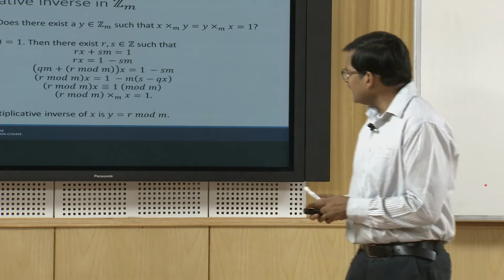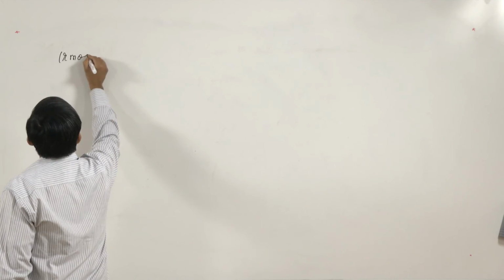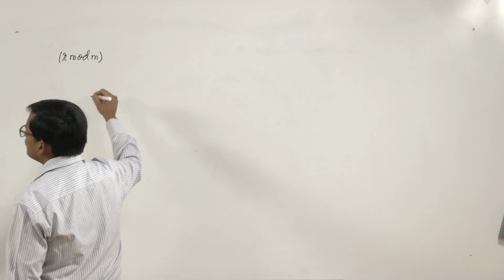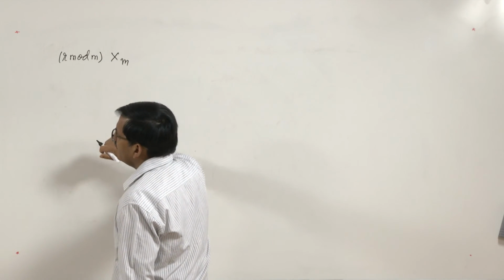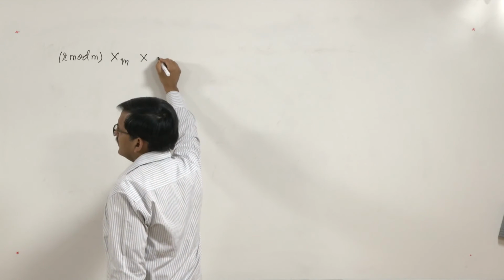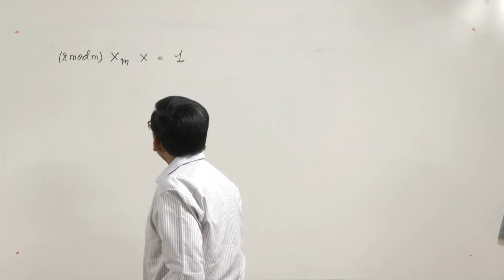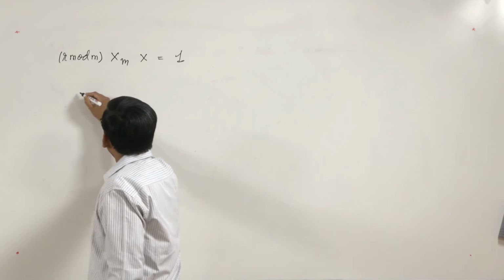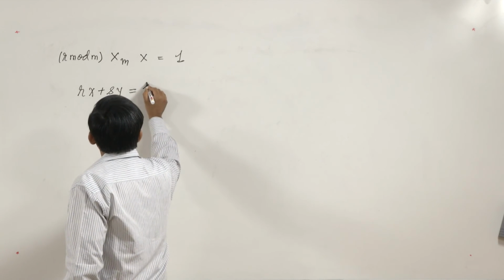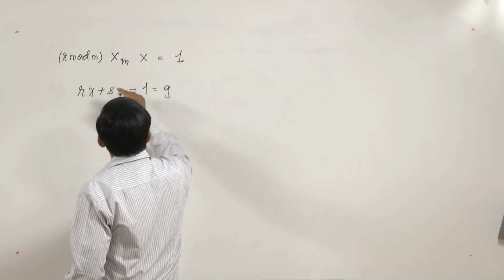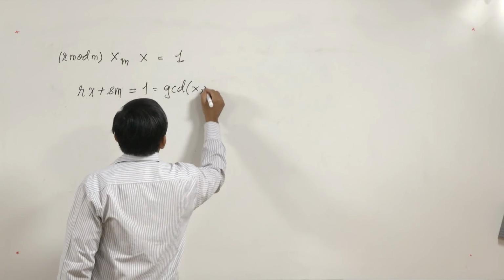So, I can say here that R mod m modular multiplication modulo m of x is going to be 1. Not only that, I can write R times x plus s times m is equal to 1, where 1 is the GCD of x and m.